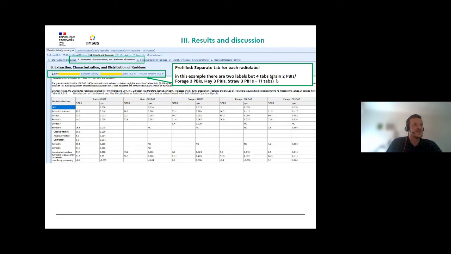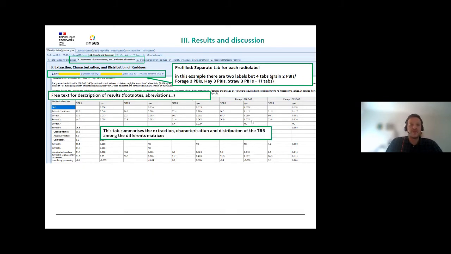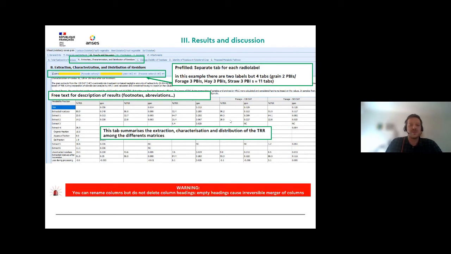As you can see, we have results for grain with 2 plant back intervals, so 2 columns, 3 plant back intervals for forage, so 5 columns, and then with hay and straw we reach 11 columns, and you have to create a second radiolabel to inform these results. Remember this specificity of the table, which can contain a maximum of 7 columns.